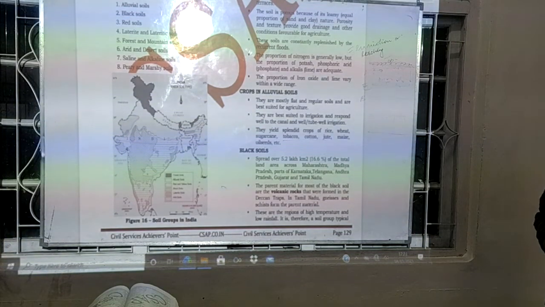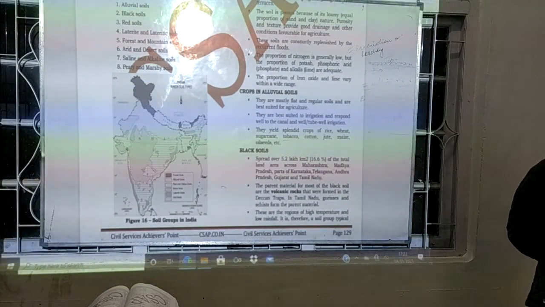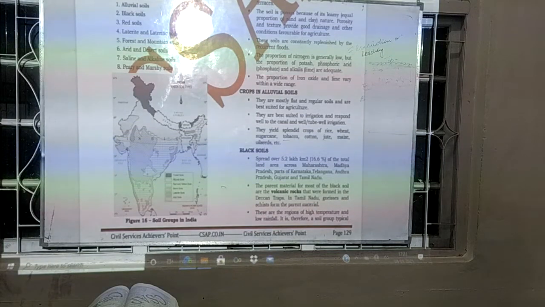All right. Next we come to saline and alkaline soils. Where will we find this? Saline means what? Salty. We'll find this where there is sea near the coast. Then we have peaty and marshy soils.